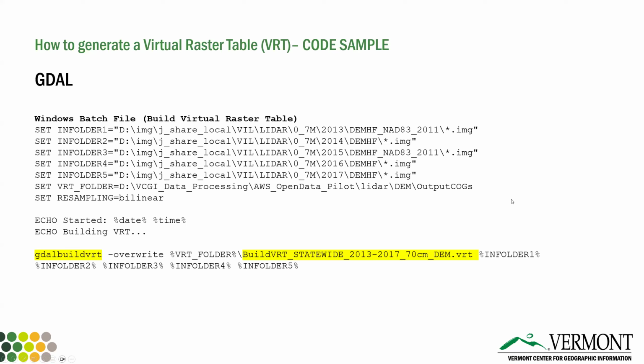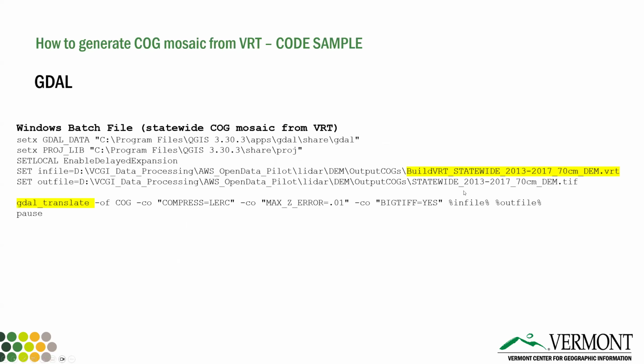And that uses the GDAL buildvrt utility. Once you've run the buildvrt utility, then you use that output for the next input of the GDAL translate utility. Again, these -co options are creation options, so this has to do with compression and different settings relevant to the compression.